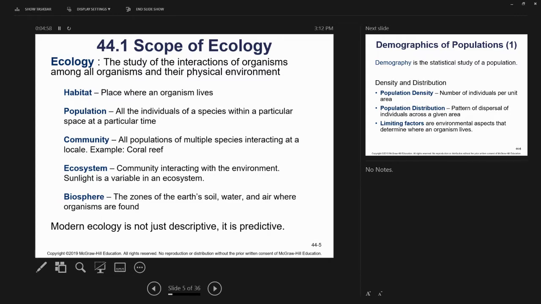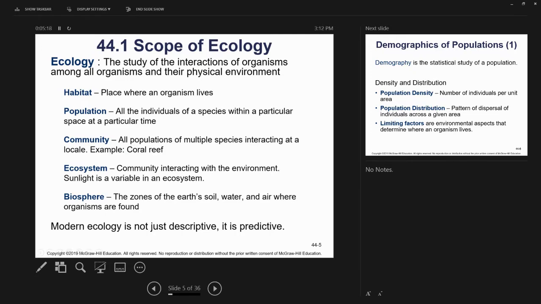A population is all the individuals of a given species in a particular area at a given time. A community is all the different species in that area. So for example, on a coral reef, we have corals, we have crabs, we have fish, lots of invertebrates, lots of different species all interacting.